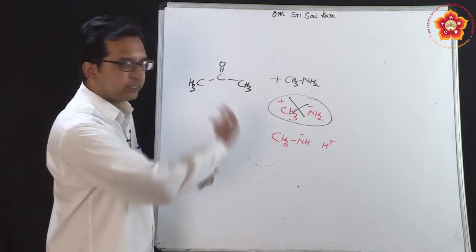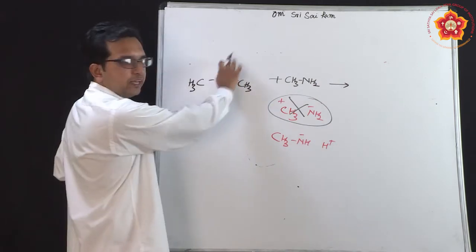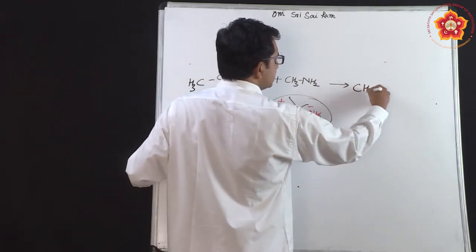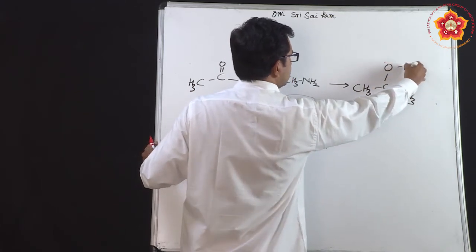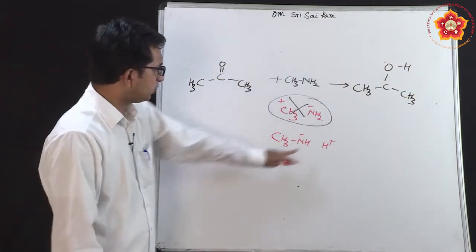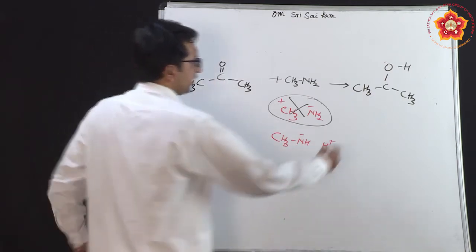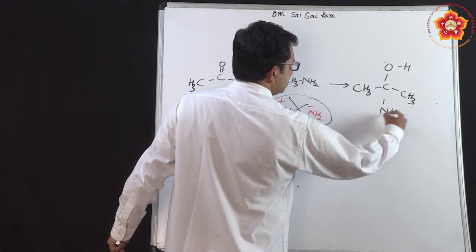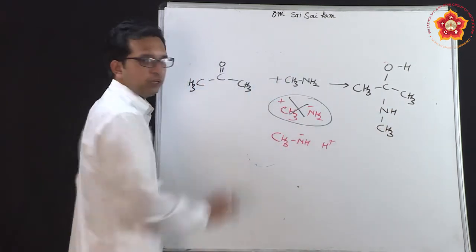So let us now undertake the various attacks. H plus should definitely attack the electronegative part, CH3, C, CH3, O, and H should come and attack here. Quite natural, because this is positive, this is negative. This negative part should now come and attack here, NHCH3, that I have attached to carbon.